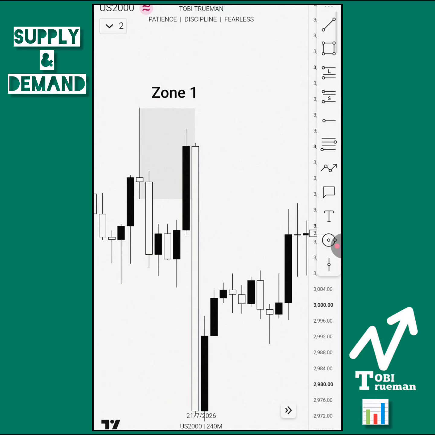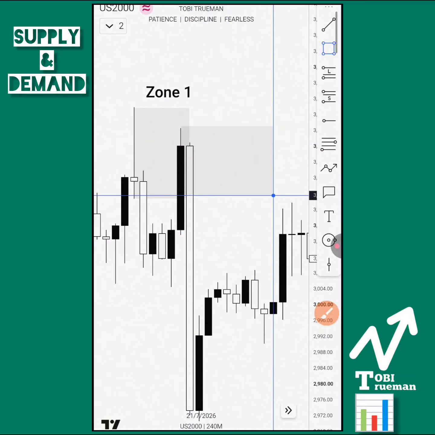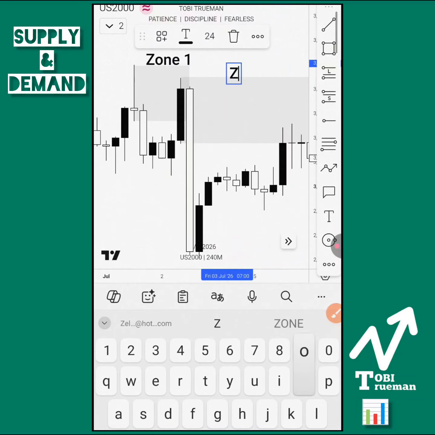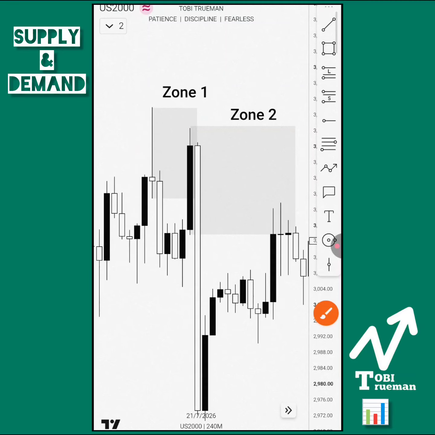Then when price has done that, we can now say this is our zone 2. This is our zone 2 in the supply zone, because this is a selling market. When we have identified our zone 2, and zone 1 has produced zone 2, we can now expect price to come back into zone 2.